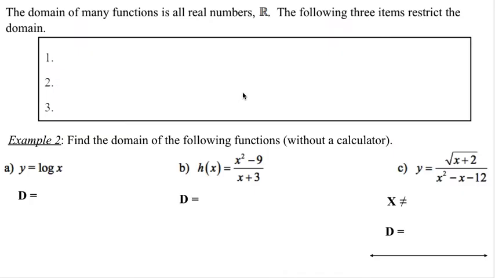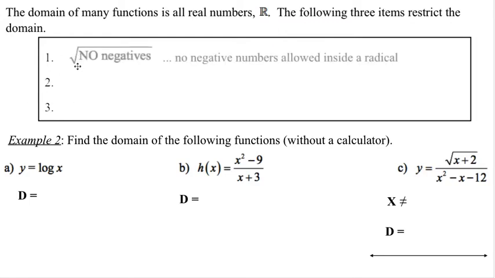The domain of many functions is all real numbers, and the way we represent all real numbers is that fancy looking R up there, which just stands for all real numbers. But we do have some restrictions on our domain, and here are three things that will restrict it. First of all, we cannot have any negatives under the radicals.